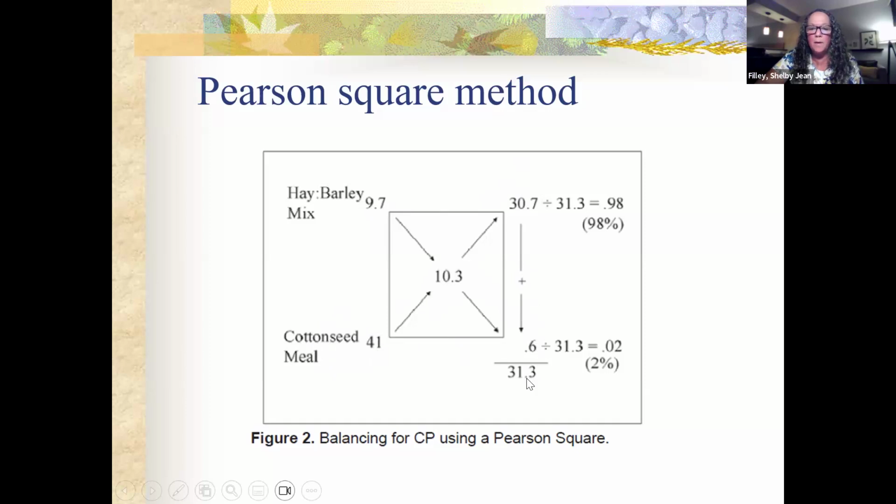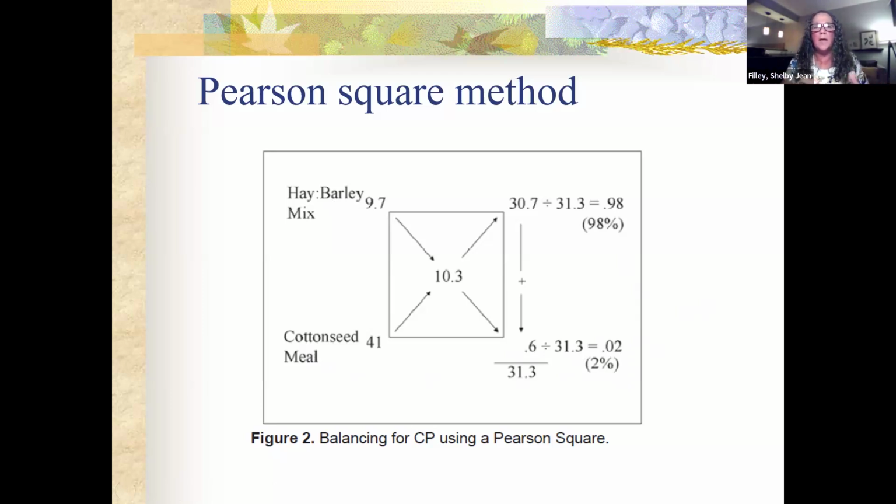Add these up, use it as a divisor for the values that you got earlier, and it shows you that 98% of the diet is going to be that hay barley mix, and 2% of the diet needs to be cottonseed meal, and therefore you can have this balanced ration for protein and energy.